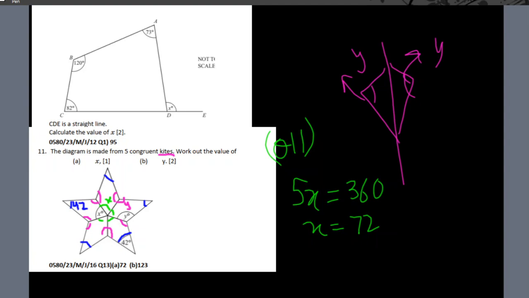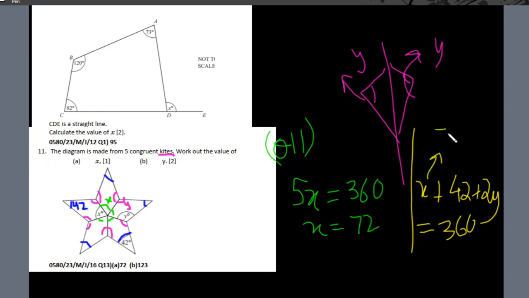For part B, find y. So to find y, we can use any one of these kites. Let's consider this kite. Here I have one angle which is x degrees, one angle which is 42 degrees, and two angles of the size y, and the sum of all angles in a quadrilateral equals 360, and we already have the value of x, which is 72.